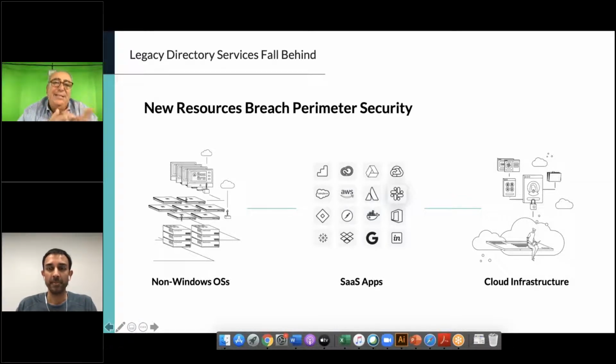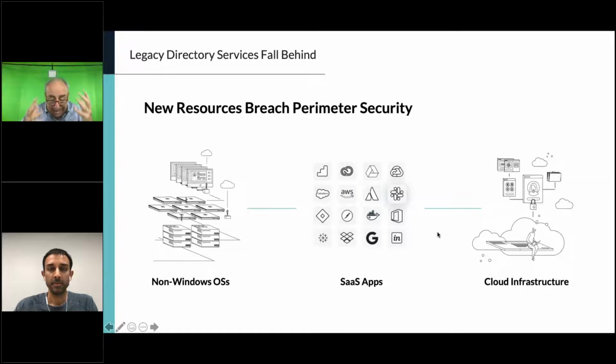In addition to these non-Windows devices, and as I said, I don't think Windows is even 70 to 75% of our devices anymore, we also live in a SaaS world, SaaS apps with SaaS ops. So many of the applications that we're running today don't reside on our own infrastructure.